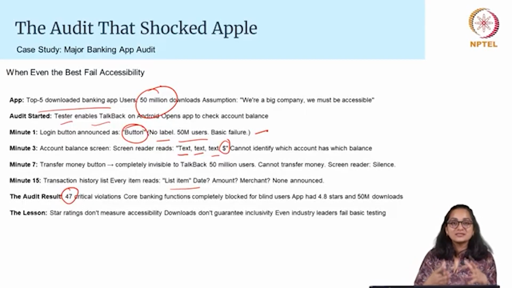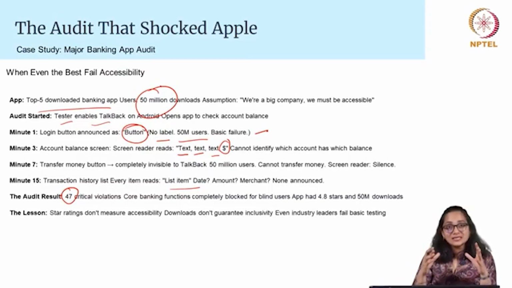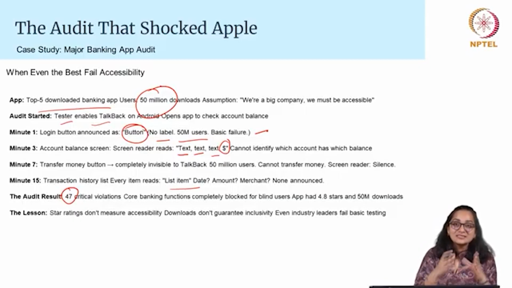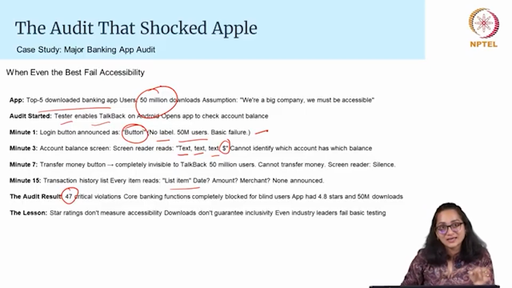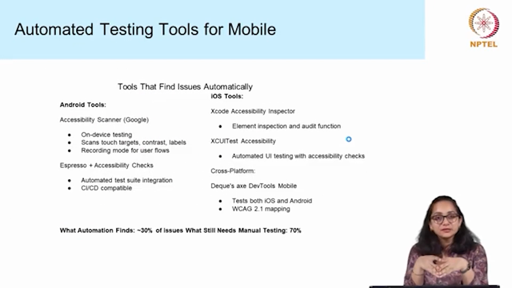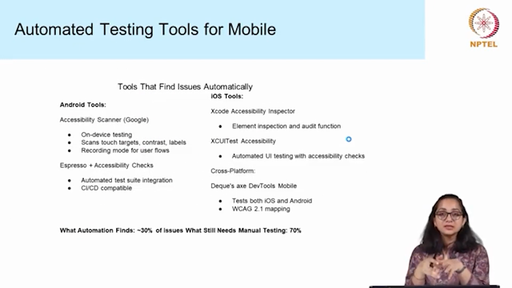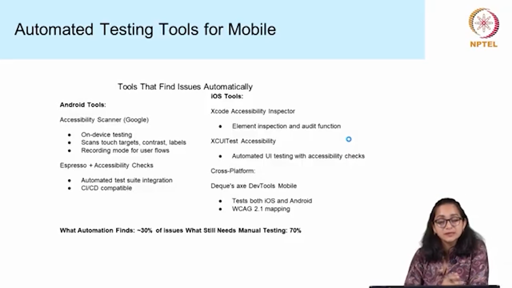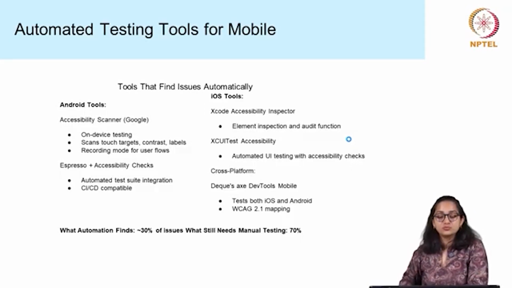And now with policies and laws around accessibility in place, it is important that developers and designers recognize that this testing, this audit, needs to be done in order to ensure that their application is accessible. So now let us jump into the testing framework for mobile accessibility and mobile apps, and tools that find issues automatically.